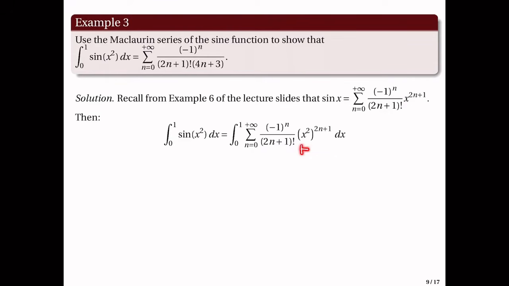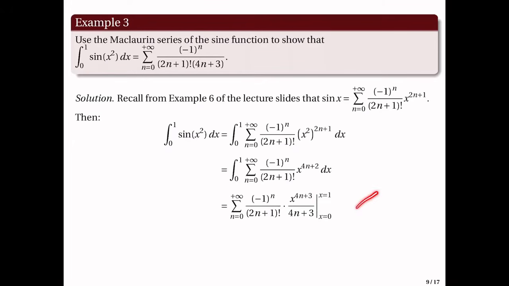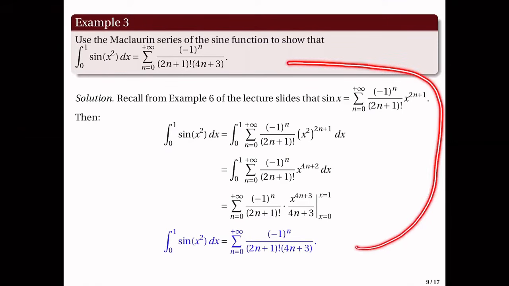And then simplifying this, we get x raised to 4n plus 2. And then now, integrating, we get this. If we evaluate this at x equals 1 and x equals 0, the resulting series is given by this. Note that this is precisely what we want to show.